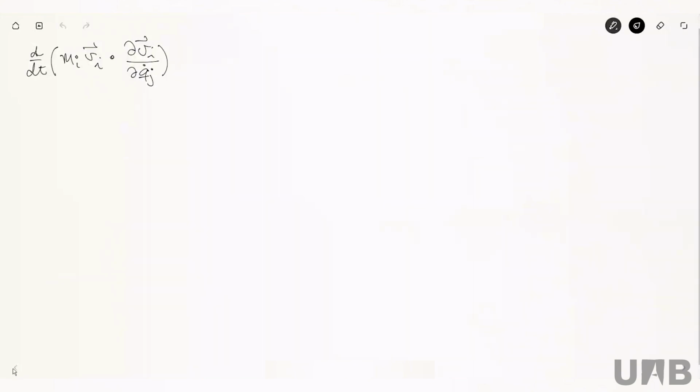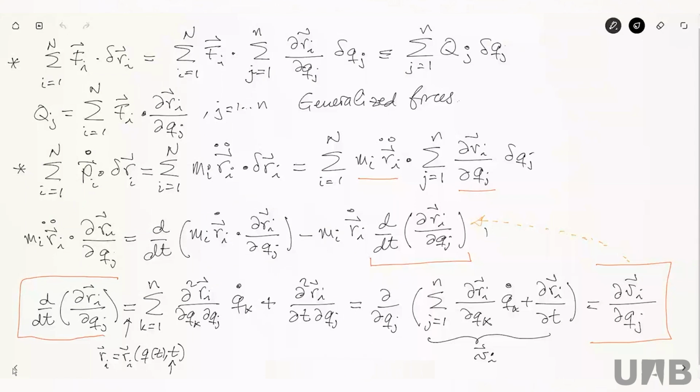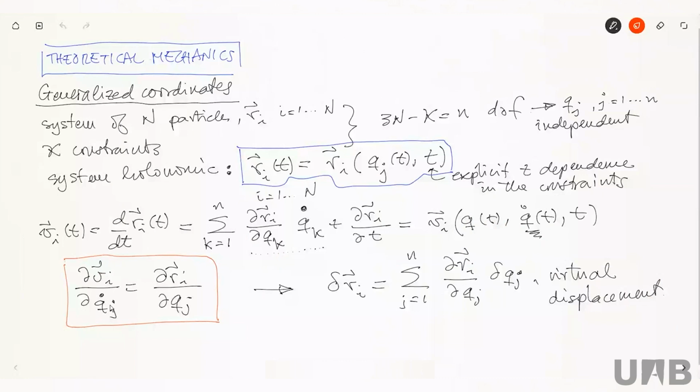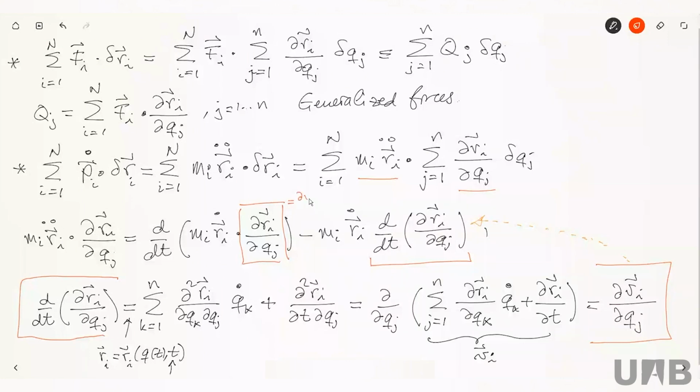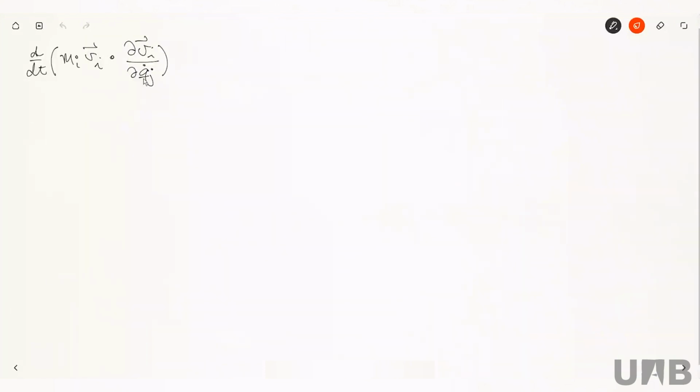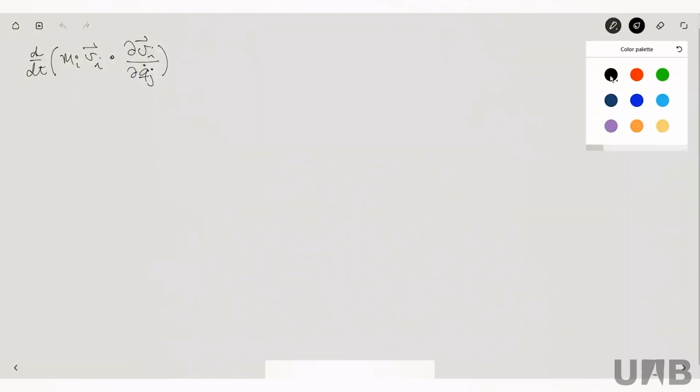Okay, so this, let me go back. This is this relation. But because of the previous relation, dr/dq is dv/dq dot. So this is dv/dq dot j. And this is the thing that I'm going to use. Here you have it, dv with respect to dq_j.